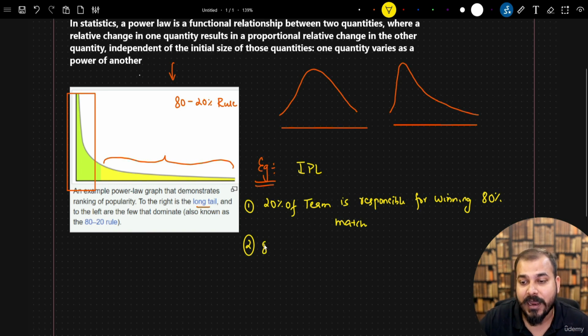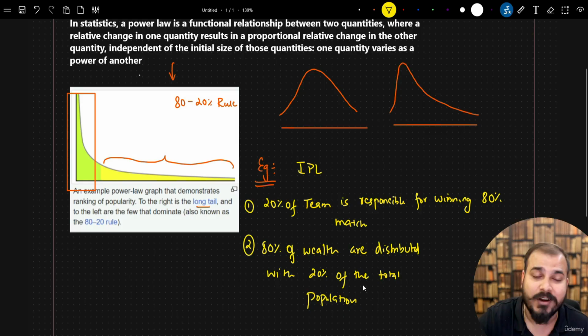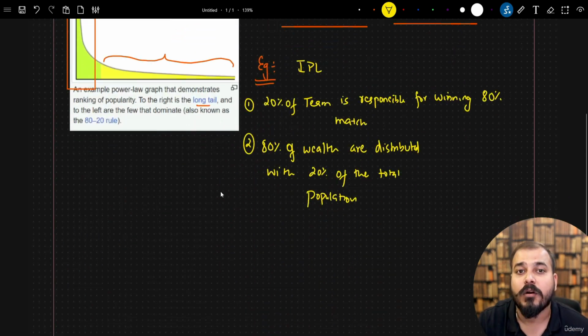The second example can be that 80% of wealth is distributed among 20% of people, let's say 20% of the total population. This can also be a very good example that may follow this kind of distribution called the power law distribution.